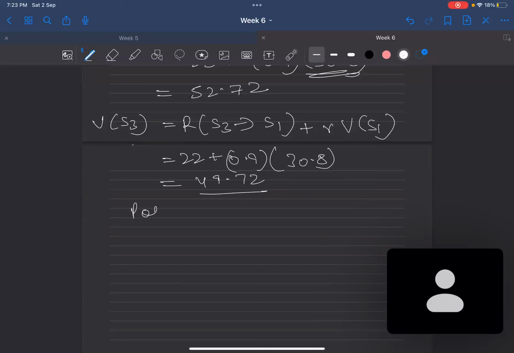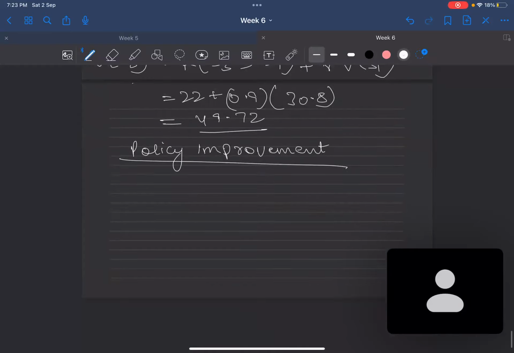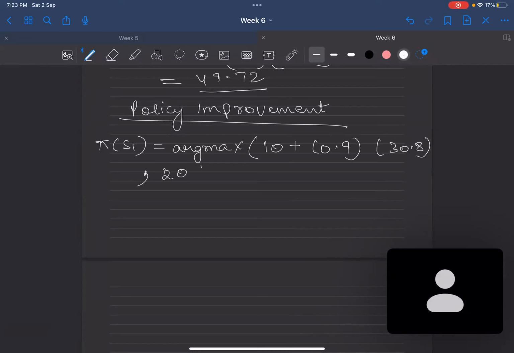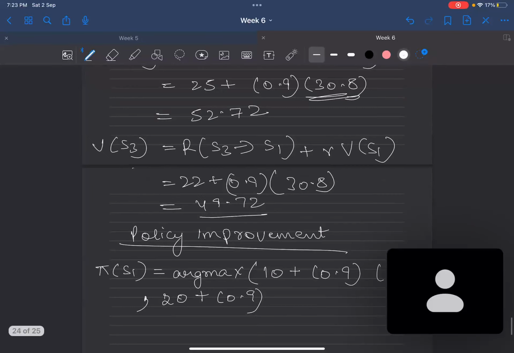Now going with the policy improvement. S1 to S1: 10 plus 0.9 into the value of S1, 30.8. S1 to S2: 20 plus 0.9 into 52.72, the value of S2.